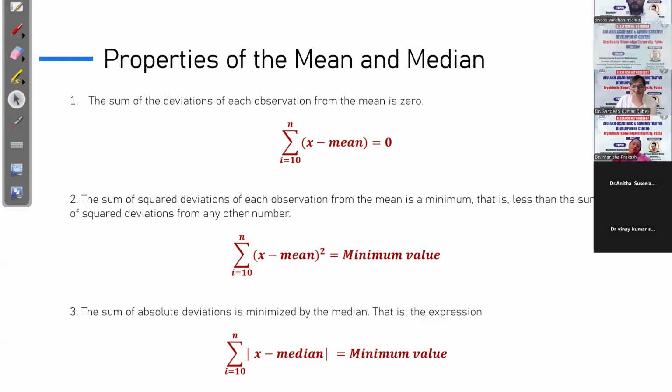You make a summation, adding all the values. The value you will get after adding is the minimum value of the data set. These are principles to check and recheck.